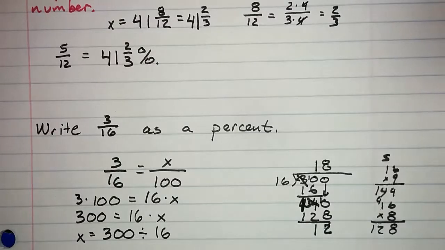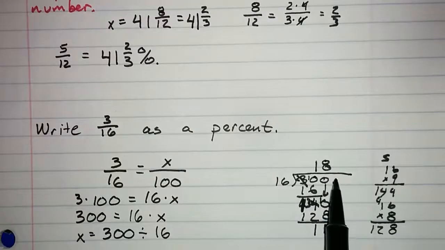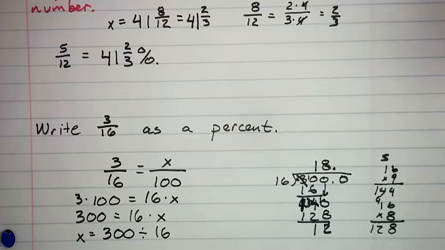I could stop now and give my answer as a mixed number, but I'm in a decimal sort of mood. If you did give your answer as a mixed number, it would be 18 and 12/16 or 18 and 3/4. If you kept going and got a decimal, you would add a 0.0 at this point.